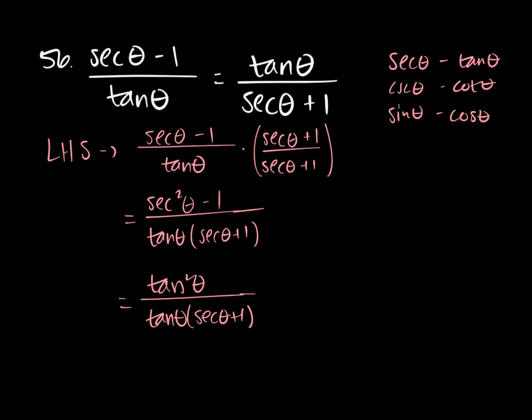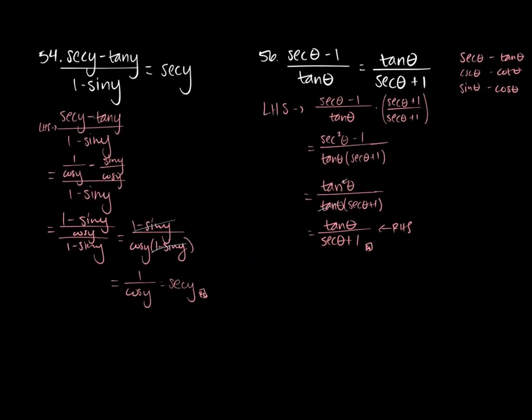So what's nice is that by trying to keep it as it is in Pythagorean and utilizing that Pythagorean identity, I actually made this a lot shorter of a proof than I would have if I changed everything to sines and cosines right away. So tangent theta and tangent squared theta cancel out. So I'm left with tangent theta over secant theta plus 1, which is my right-hand side. So I've made it to the end. And that's it. So that's proving identities.